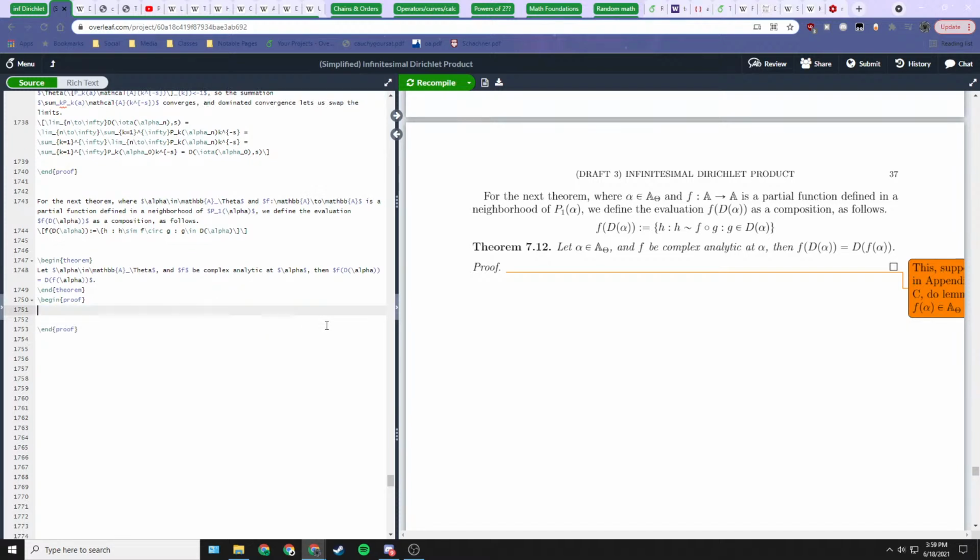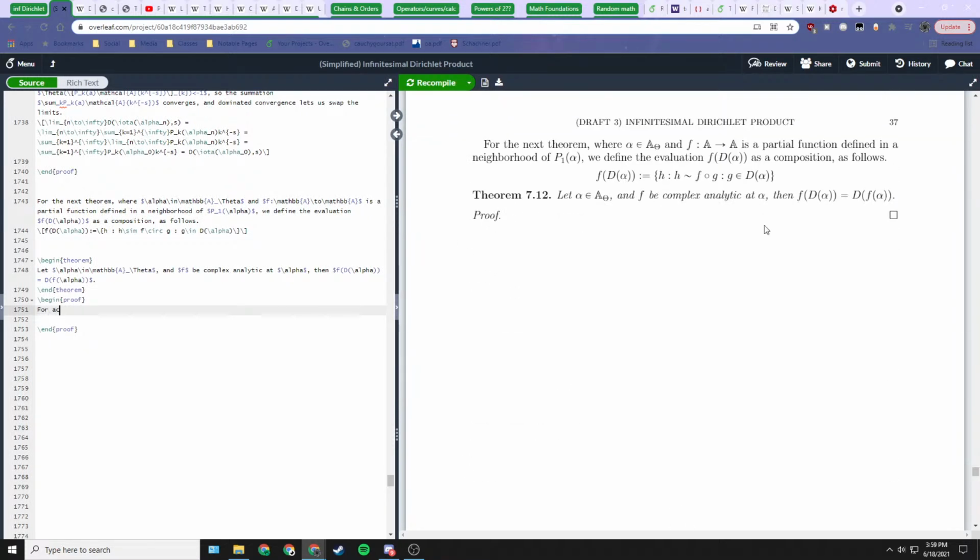Okay, so to prove this, essentially this just relies on the previous ones. So we'll say for each n in naturals, actually we'll say let beta sub 0 equal f of alpha, and for each n in natural, define beta sub n as follows, and then we just have these partial sums.